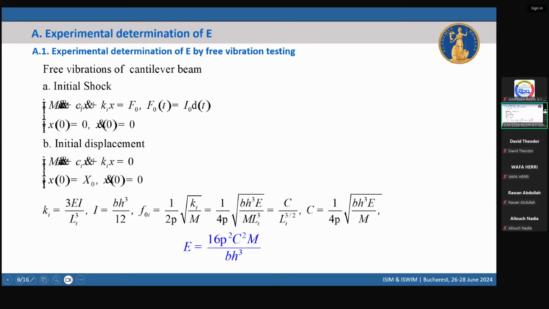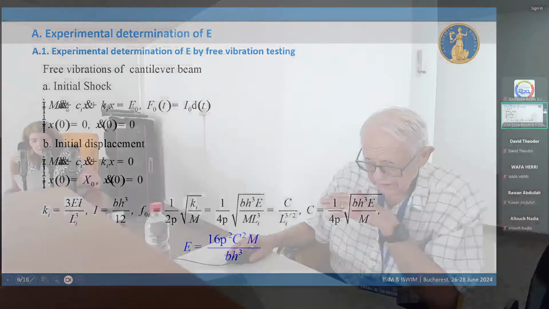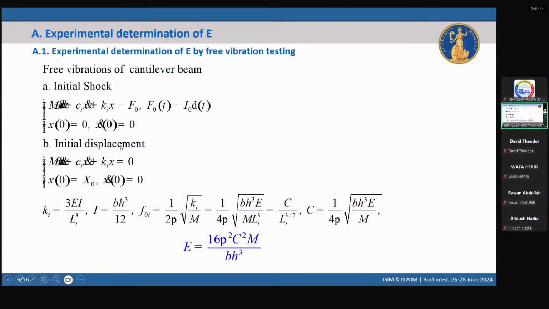Here are some equations. The free vibrations of a cantilever beam are used in order to determine the free vibration response, either by an initial shock produced on the tip of the tested sample, or an initial displacement at the same point.